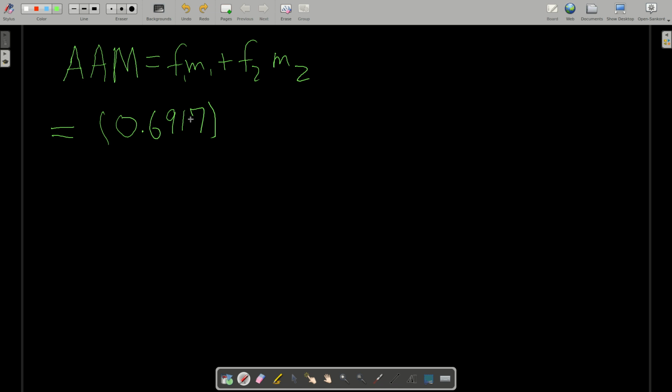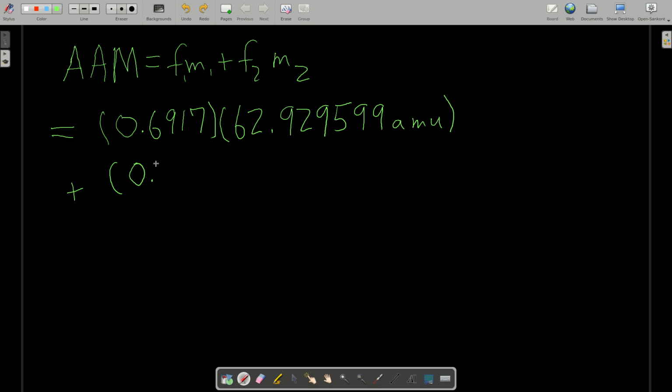So 69.17% becomes 0.6917. The isotopic mass was this. Notice that the fractions add up to 1. They have to do that.